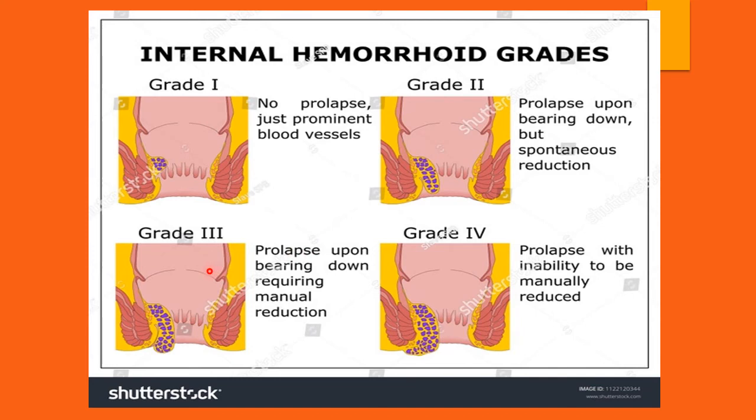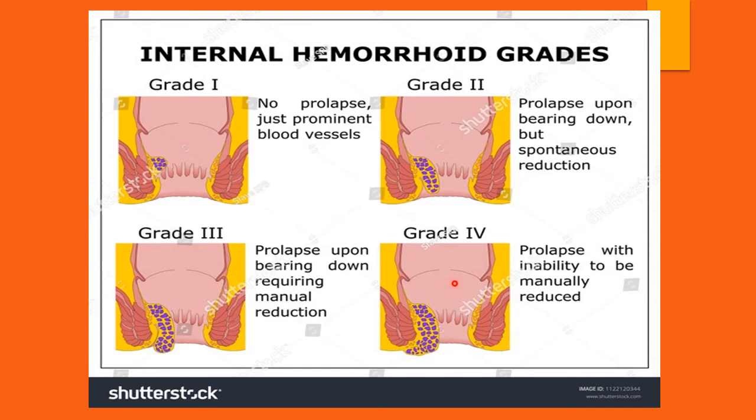Grade 3 or third degree prolapse upon bearing down and requiring manual reduction. So the hemorrhoids prolapse on bearing down, and after defecation, it fails to return to its original position. The patient has to manually push it back, which moves in easily back to its original position. So requires manual reduction.